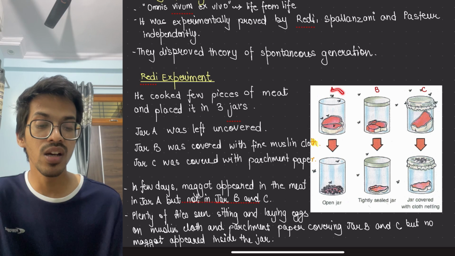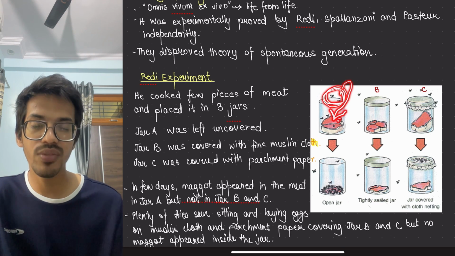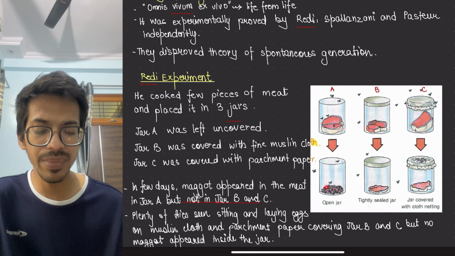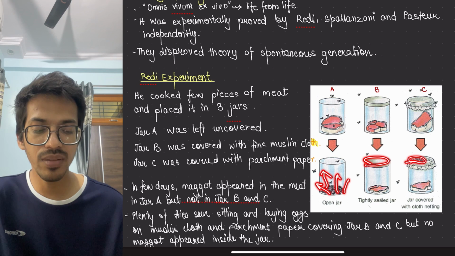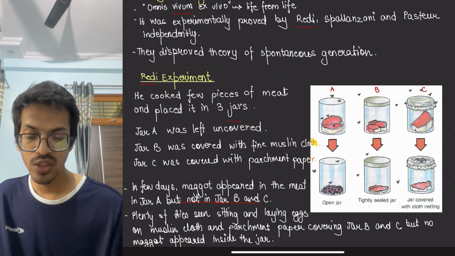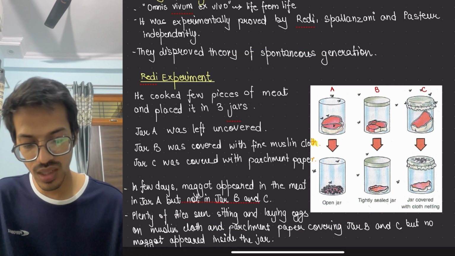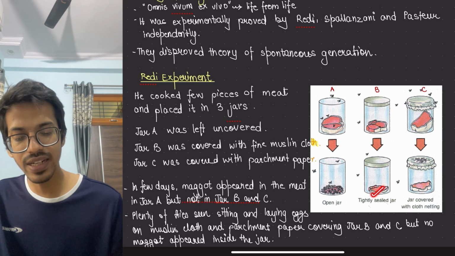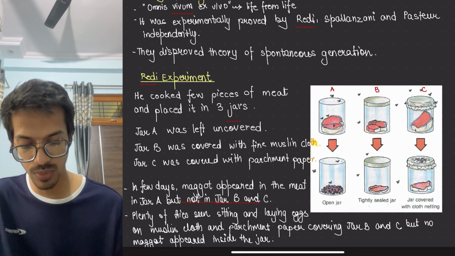When a fly comes and lays an egg, only then are new babies formed and new life comes. Here the eggs were laid, but no new life came because the resources were not there. So this is the Redi experiment: life never comes from dead, decaying, or inorganic substances, it comes from pre-existing ones.